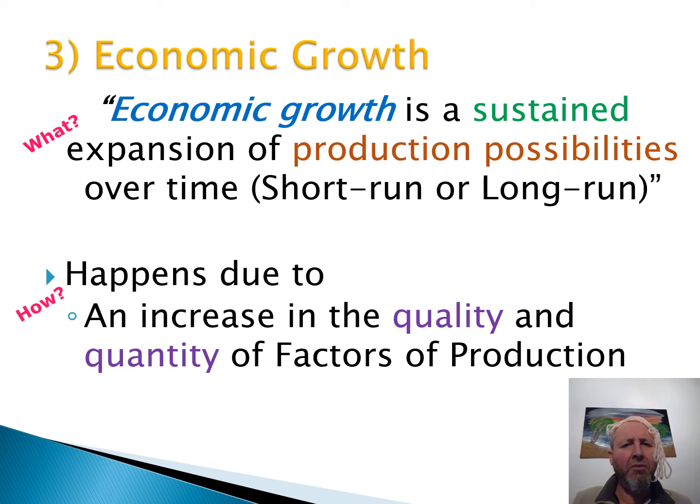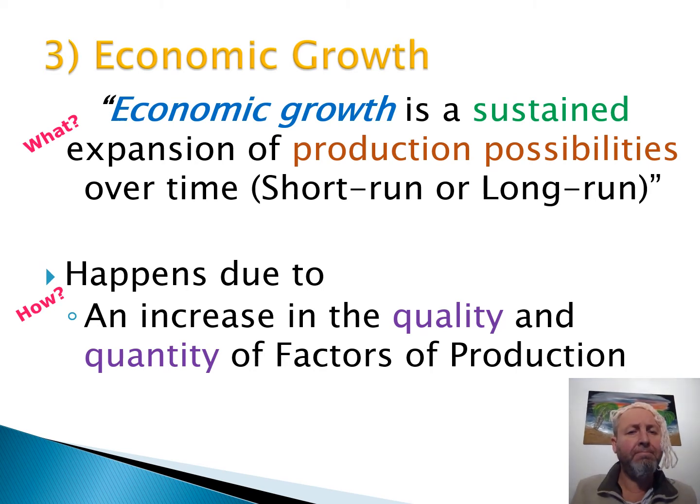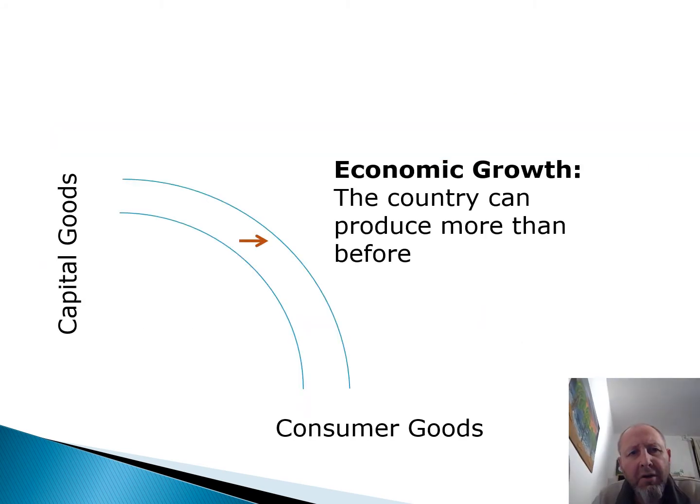So, economic growth. Economic growth is a sustained expansion of production possibilities over time. How can this happen? Well, there's an increase in quality and quantity of factors of production. Okay, you'll probably recognize this.